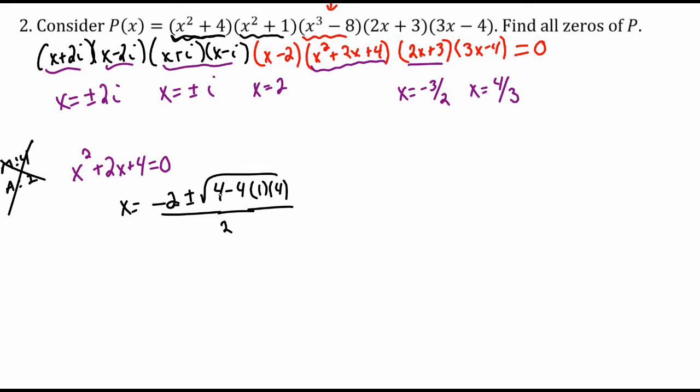All right, let's deal with the discriminant. 4 minus 16. Type that into your calculator, please. That should not be the hard part of this. It is negative 12 over 2.